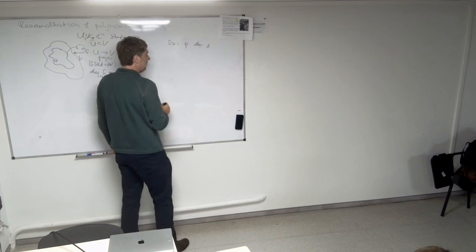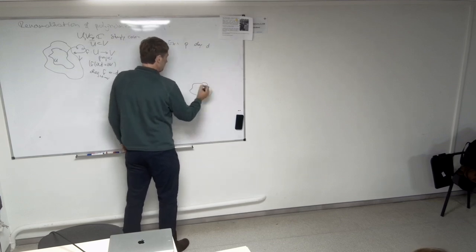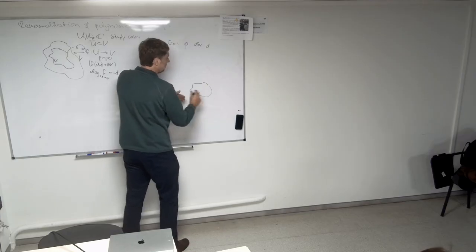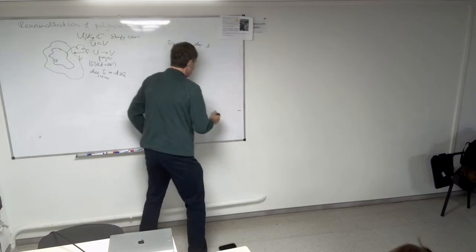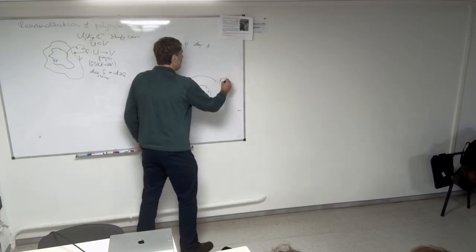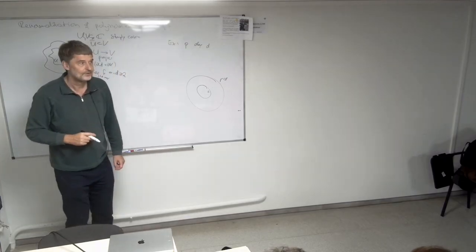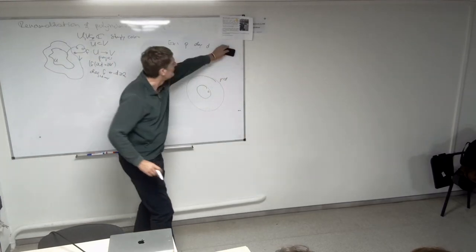You have a polynomial of degree d. If you take a large circle, it maps the circle of radius r to the d, at least approximately.